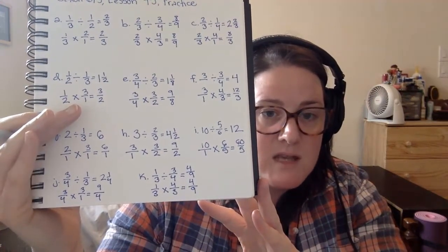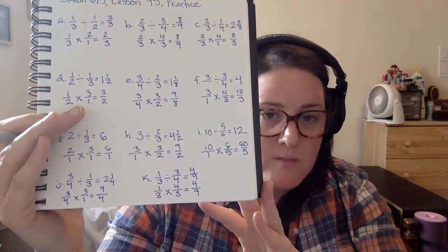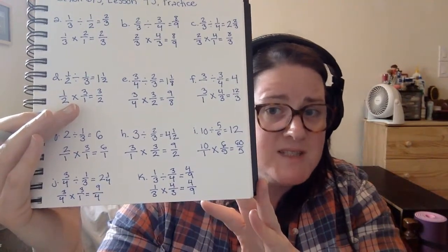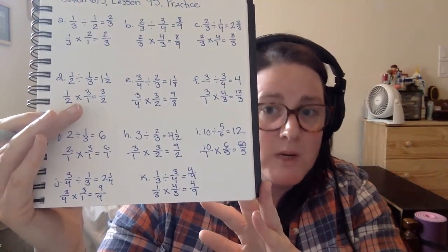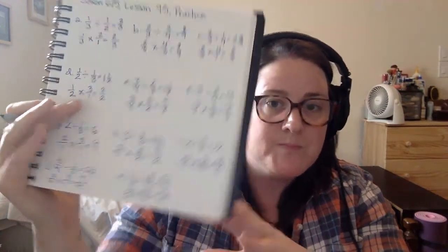So you can see 3/4 divided by 1/3 gives me 2 1/4. 1/3 divided by 3/4, same fractions, different order, gives me 4/9, different answer. Okay, so that's what that's trying to show you. So that is our practice for dividing fractions using the reciprocal.